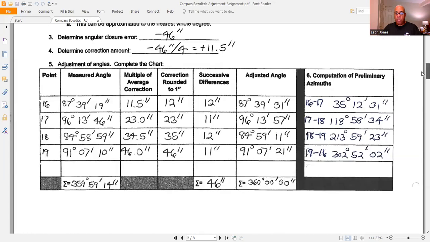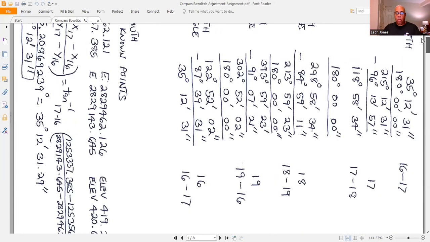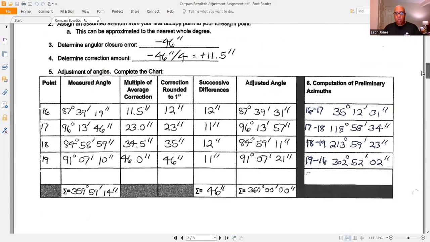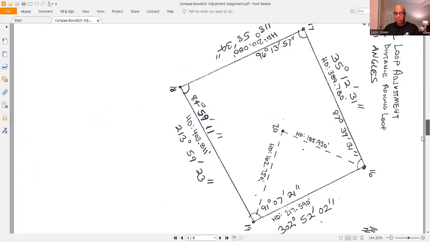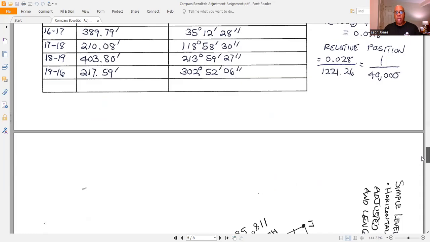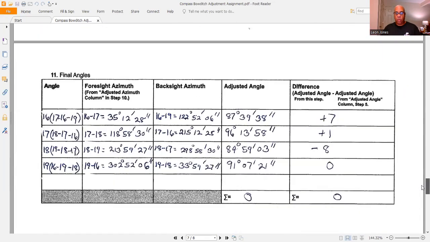But when I go back up here, my first adjusted angle was 87, 39, 31. So you have an adjusted angle and a final adjusted angle. And I did the same thing here. 213, so I would have 360, which is 360.